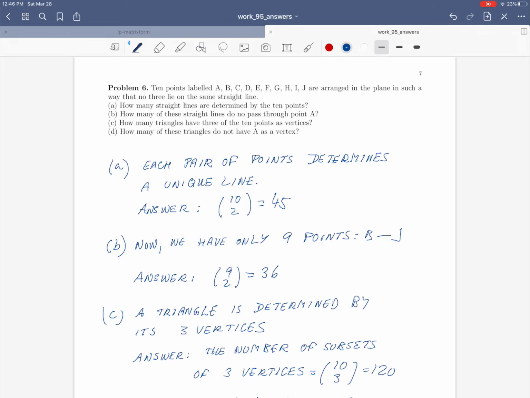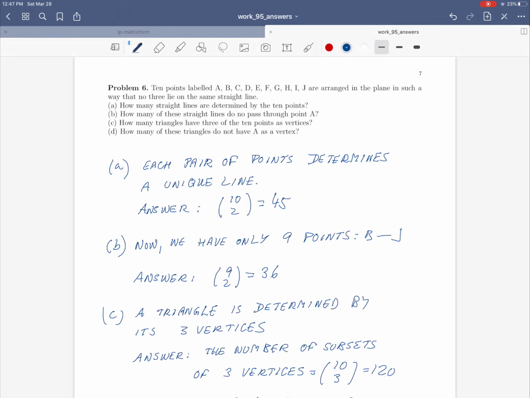And now for triangles, how many triangles have 3 of the 10 points as vertices? So a triangle is of course determined by its 3 vertices. 10 choose 3 is the count for the number of sets of 3 vertices. That's 120.